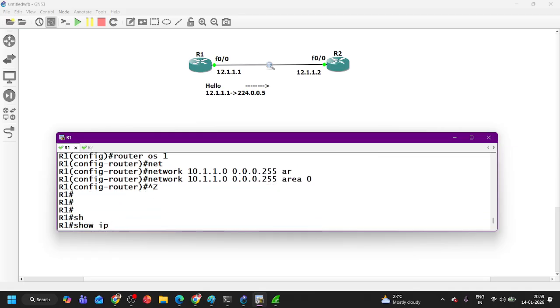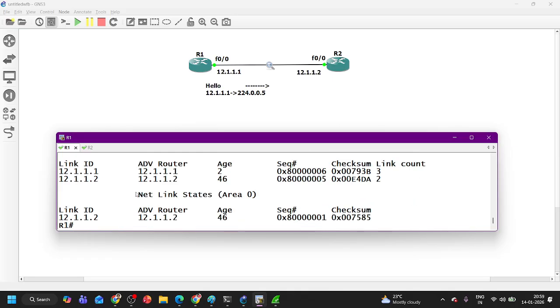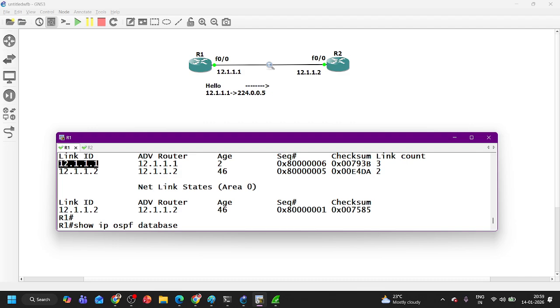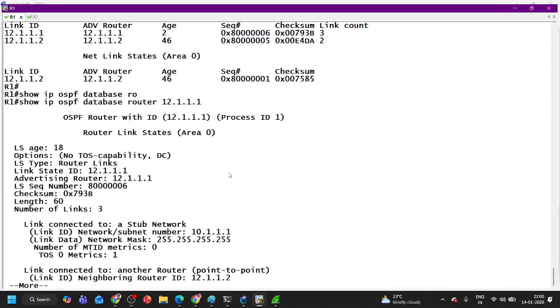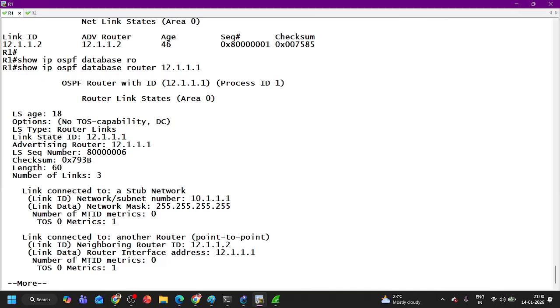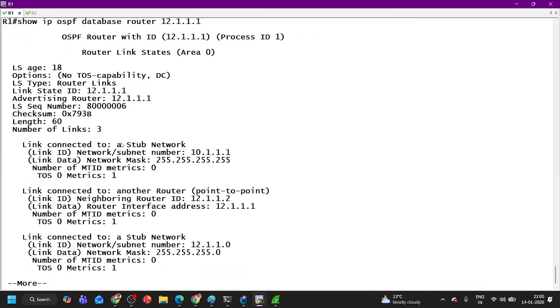Here you can see, show ip ospf database, it has installed this network in the database. In this LSA you will find that subnet. Let me open the database in detail: show ip ospf database, and then here I can say router LSA of 12.1.1. You will understand this database in detail, don't worry, just wait. Here you can see it has added the link information.